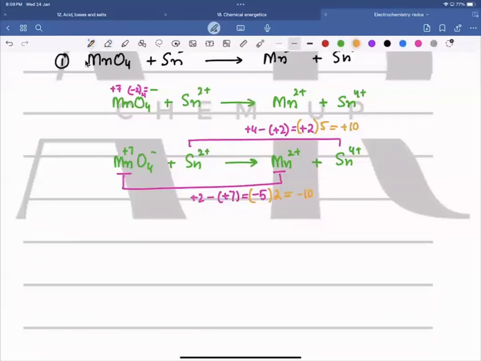So if you look over here, I multiplied by 5 the change which is occurring by these two, right? So I'm going to put a coefficient 5 in front of these two because I have multiplied their change by 5, so that it would be +10. Is this understandable?